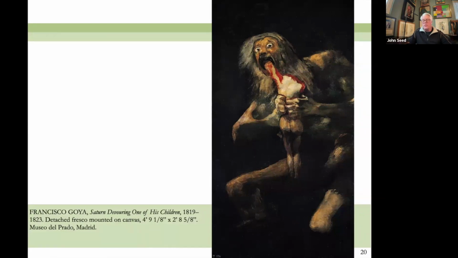There has been a lot of discussion of Goya's late paintings, and they were found in a home he lived in in Bordeaux after he left Spain and retired in France toward the end of his career. Some of the frescoes have been de-authenticated, some have been authenticated, but we do think it's an authentic Goya, this mural of Saturn devouring one of his own children.